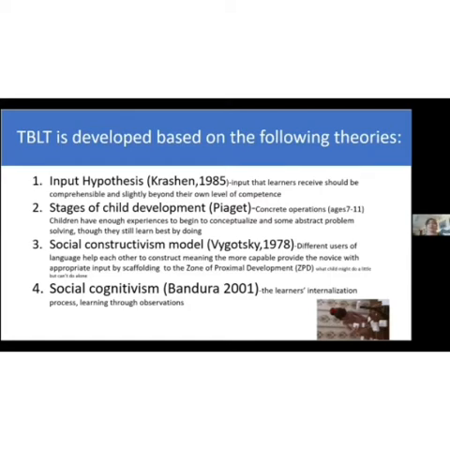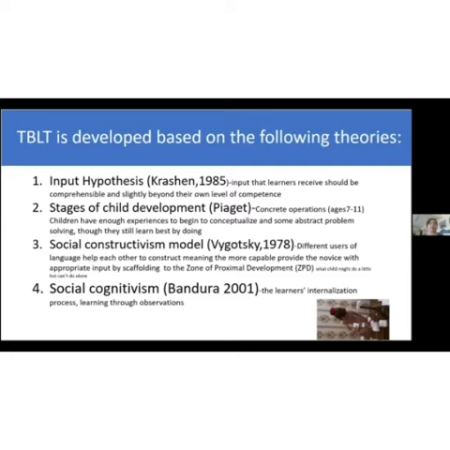In stages of child development, our target is concrete operations, age 7-11. Children have enough experience to begin to conceptualize and do some abstract problem solving, though they still learn best by doing.